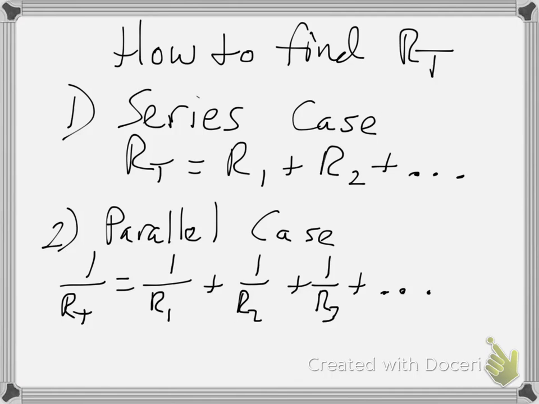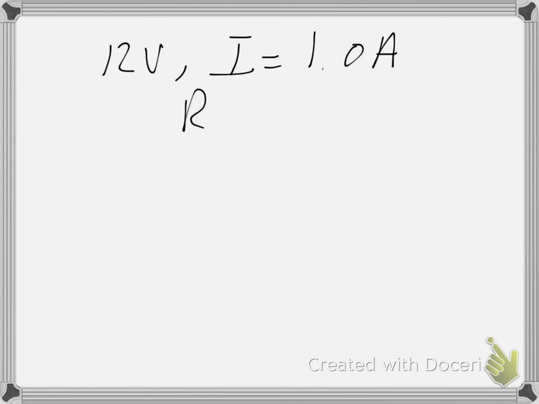Alright, and we can kind of reverse engineer and see how this formula works. Let's apply this to our parallel example. In our parallel example, we had 12 volts, and we had a current of 1 amp. And what is the total resistance?